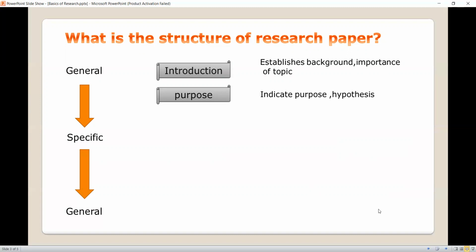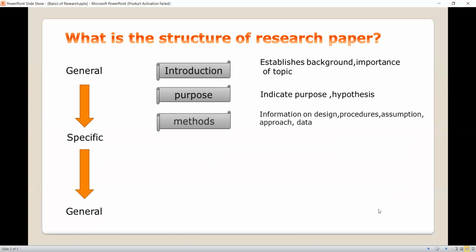And then come to the specific again, that is methods. It provides the information on the design, procedure, assumptions, approaches, data, etc. And then come to the results section. It states the main findings of the results, arguments, and what was established. This is all about the results, and at the end of the paper, why this paper is important.